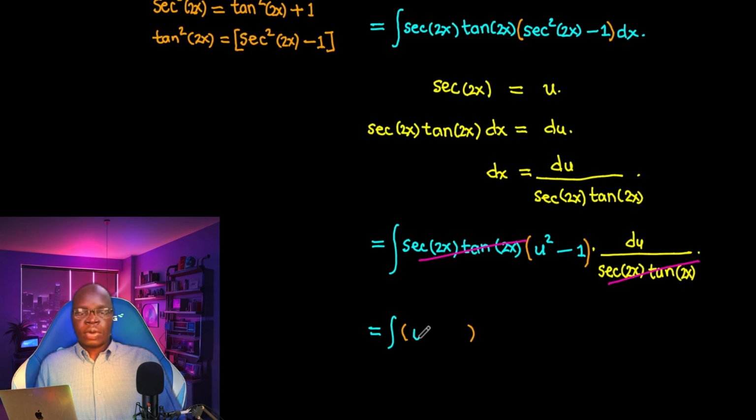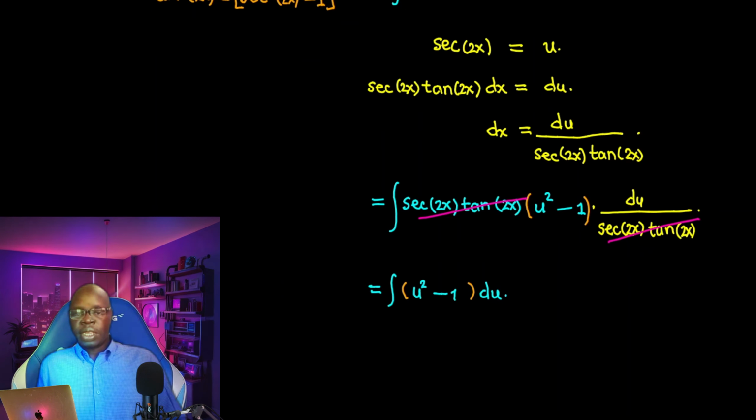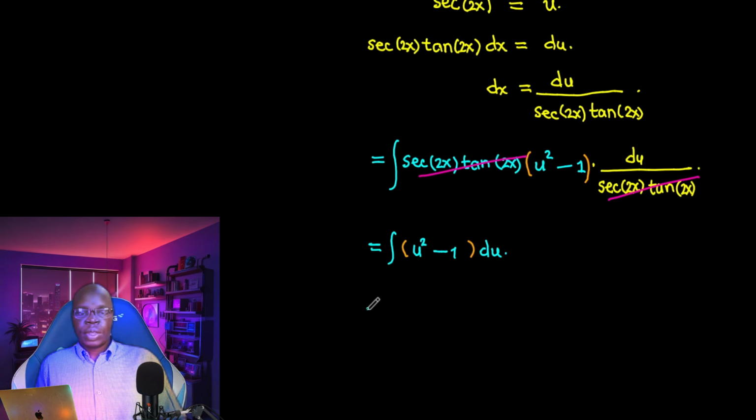So we have integral of u square minus 1 with respect to u. Now this is straightforward, we can move on and integrate with respect to u, and the first one is 1/3 of u exponent 3 minus u plus the constant of integration.